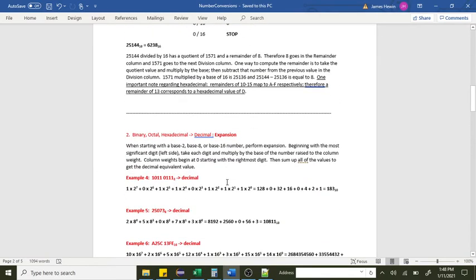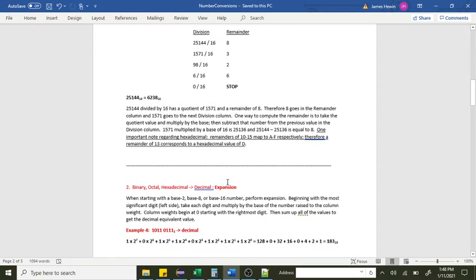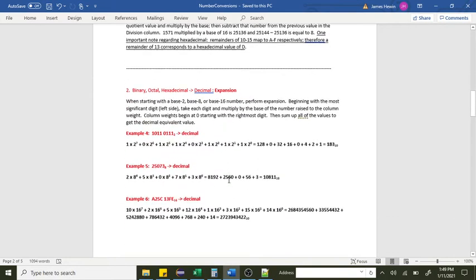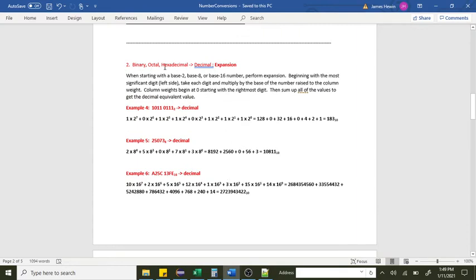Well, the other way is actually, I guess you could argue, even more simple than that, because when you're going from binary, octal, and hexadecimal to decimal, you just do what's called expansion. It's very straightforward. So when you're starting with base 2, 8, or 16, you want to do expansion.